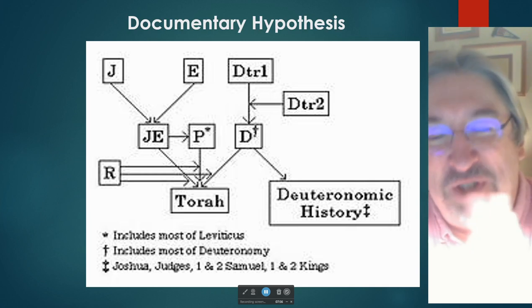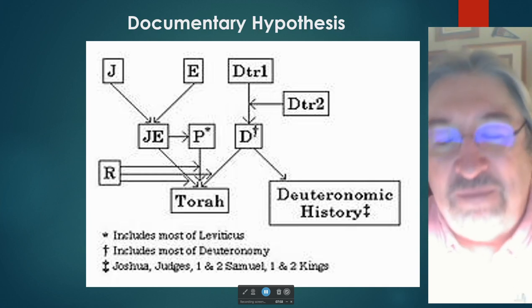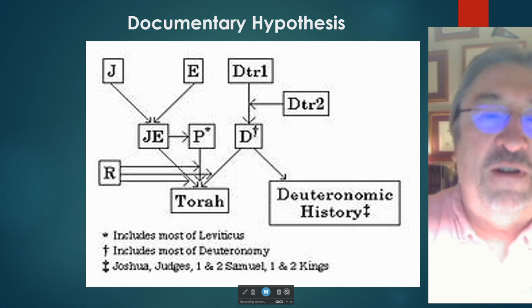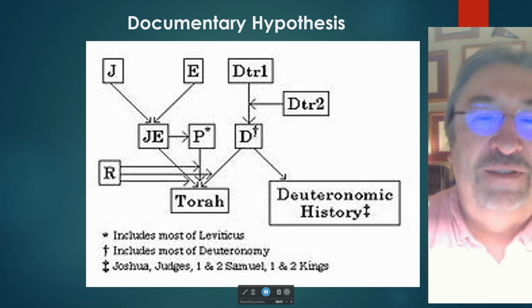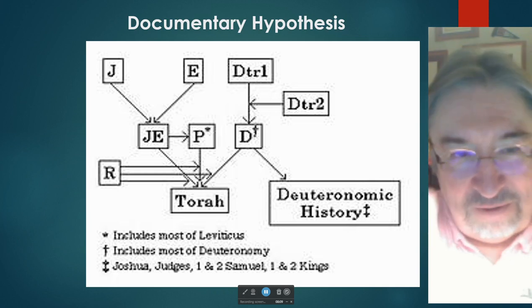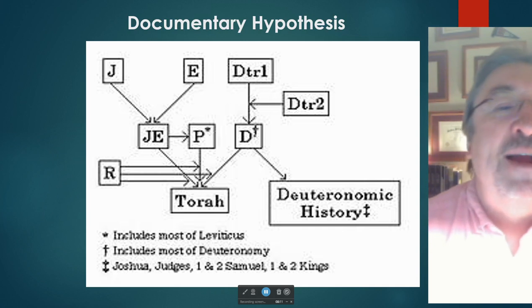Those were all developed separately and then brought together in this one source called the Deuteronomic source. Okay, so I hope you can see that in the diagram.